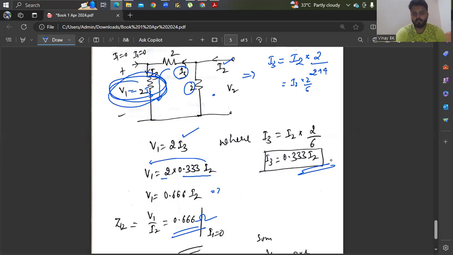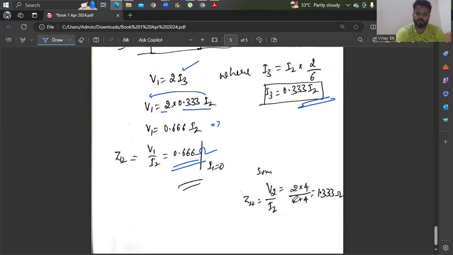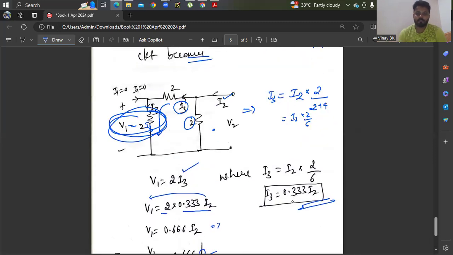So now to find the value of V2, directly you can write V2 is nothing but here. To find V2, now it acts as a series circuit because I1 is 0. So V2 is nothing but just apply the voltage divider rule.